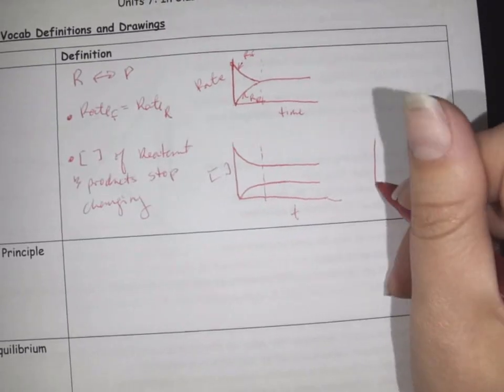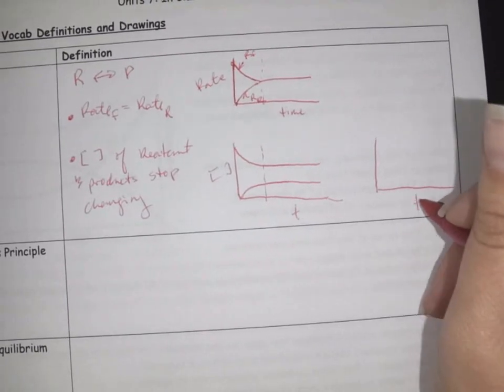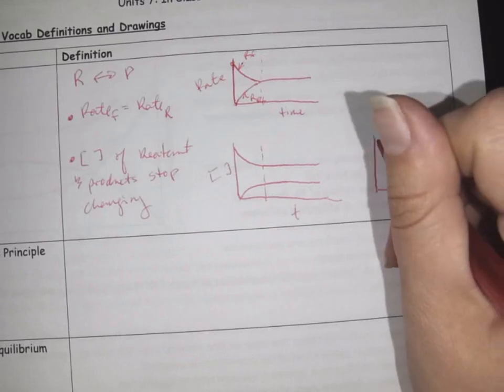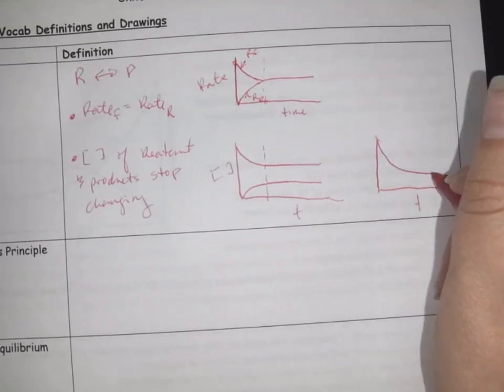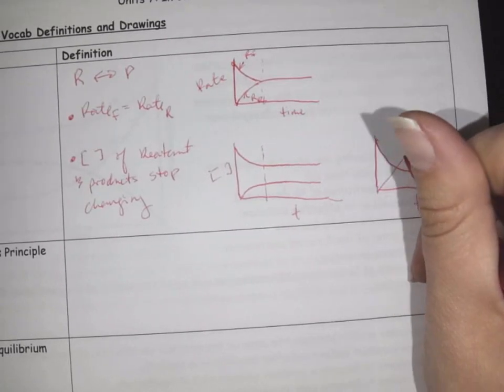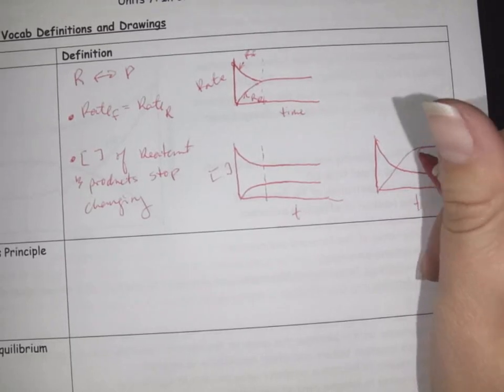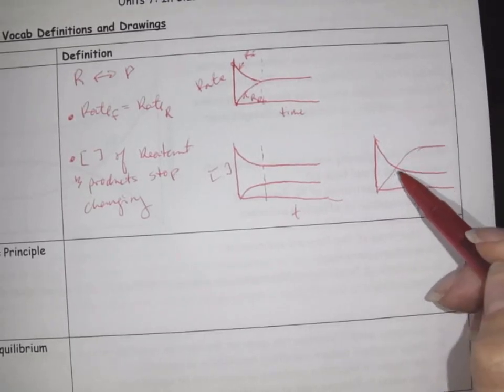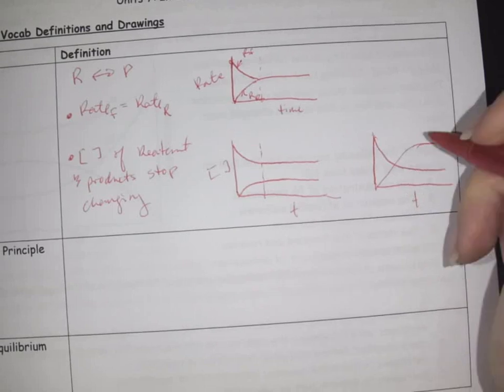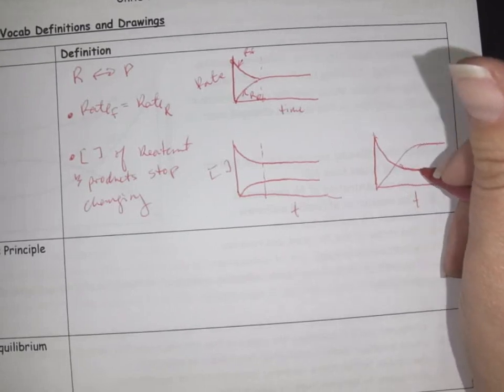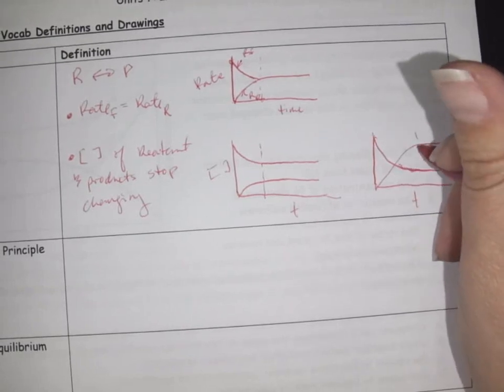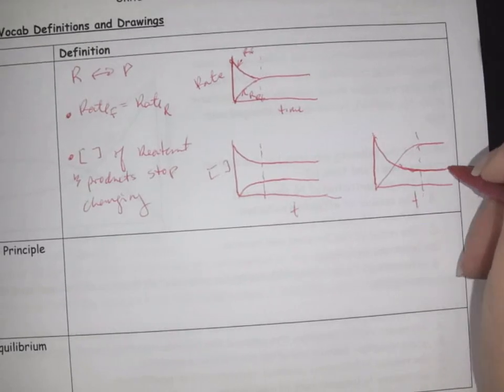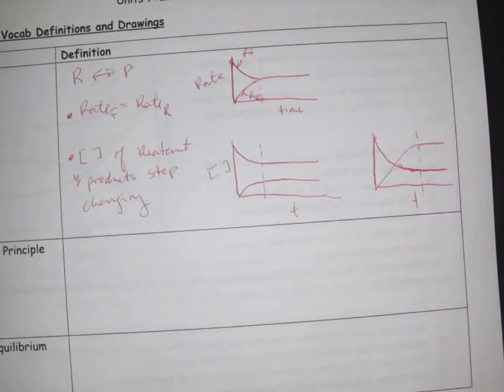I've also seen with this concentration versus time graph something like this before. Okay. This is not equilibrium where they equal each other. It's when they level off. It's when they stop changing. So right about there is when we've reached equilibrium.